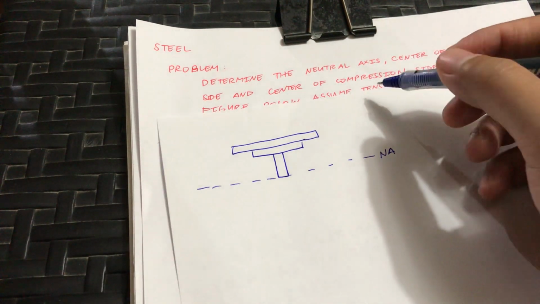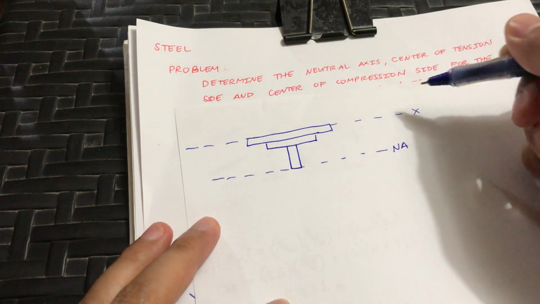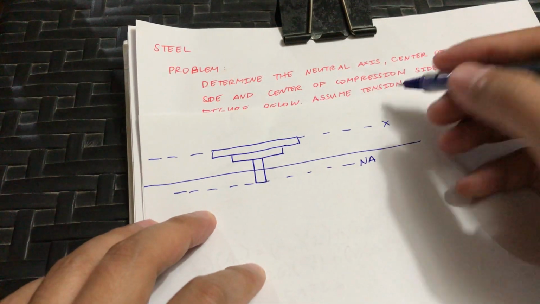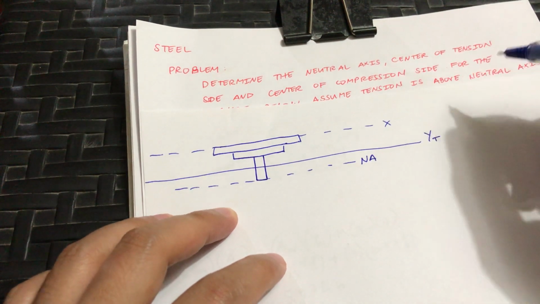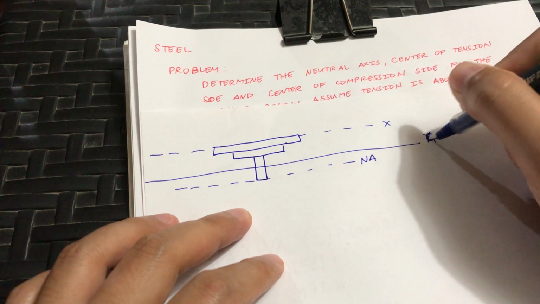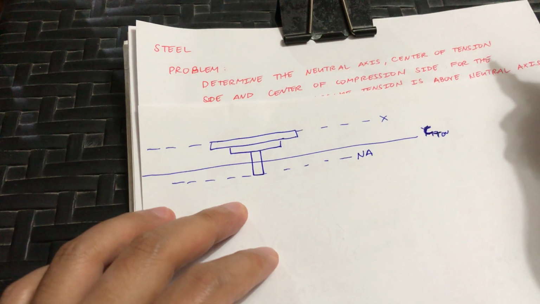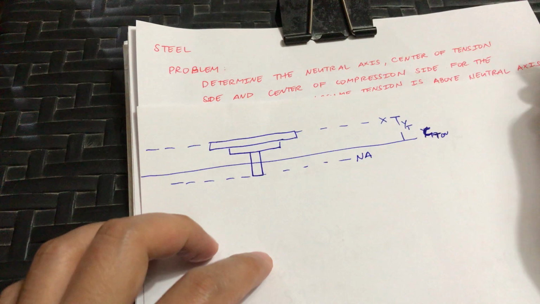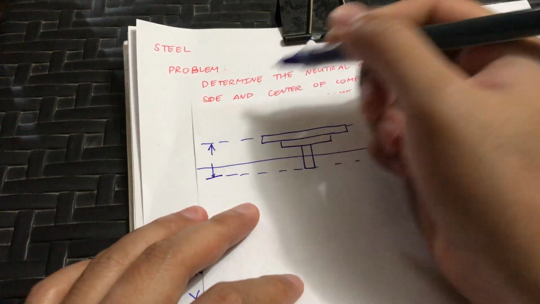This time, let's have our reference x-axis on top. Assuming this is YT, the center of the tension area, the question is, how much is this one?